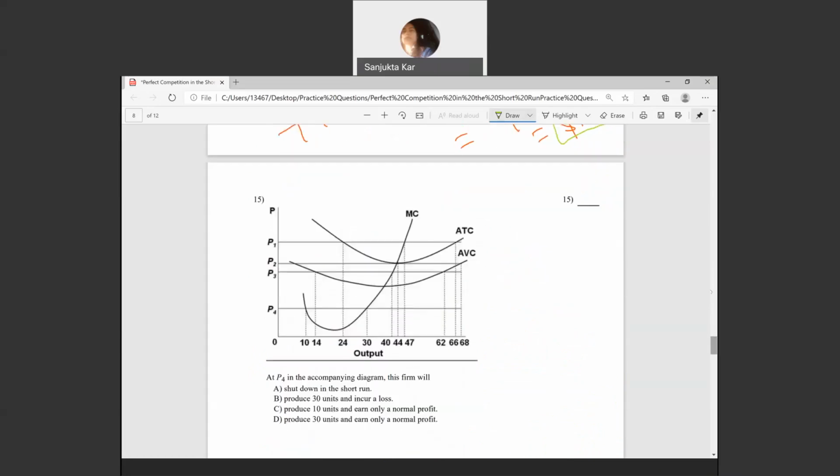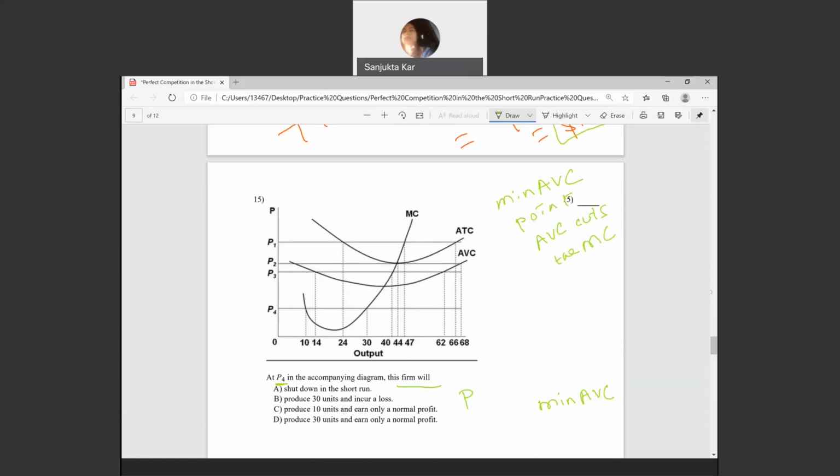Now take a look at question number 15. When the price is P4, what would the farm do? Questions like this always compare price to minimum average variable cost. The minimum average variable cost is the point at which the average variable cost cuts the marginal cost curve.